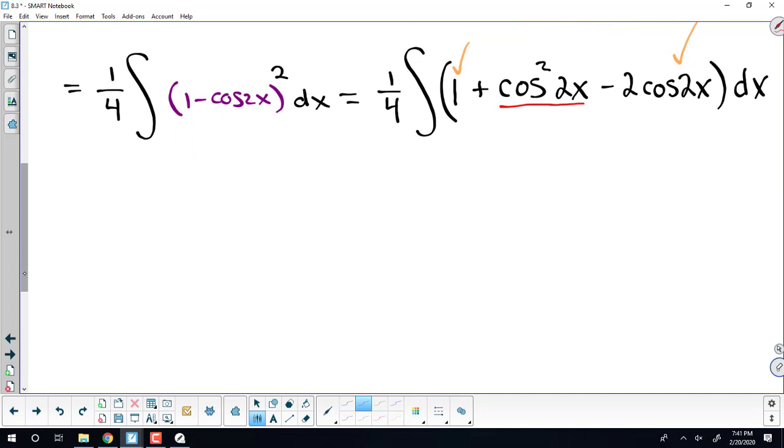So cosine squared of 2x, according to that identity, should be what? 1 plus cosine of 4x. 4x, yeah. It's always double this here. So then we have to turn cosine squared 2x into this thing right here.